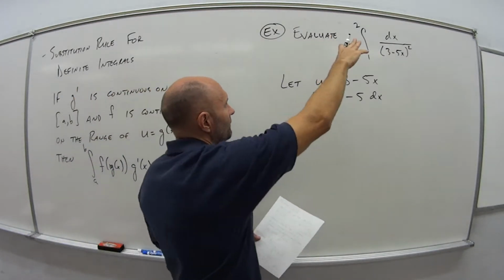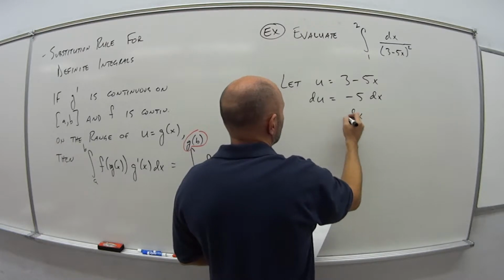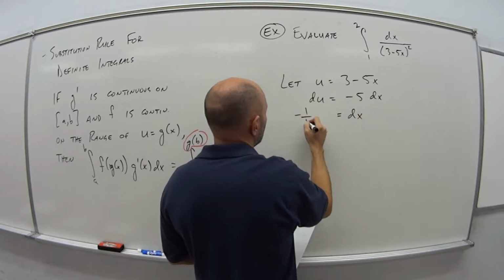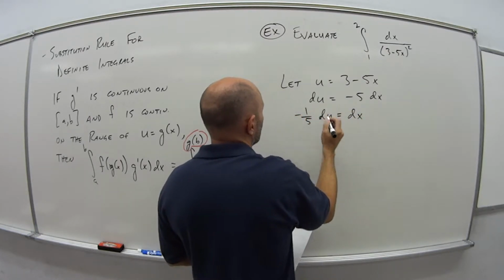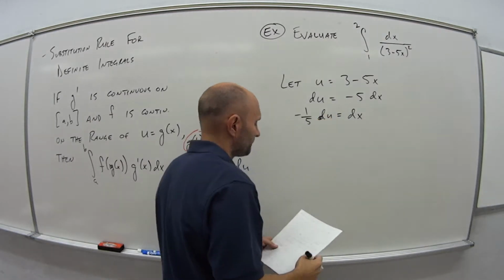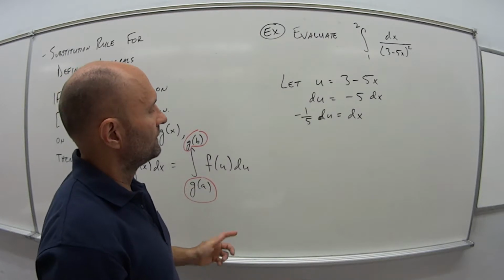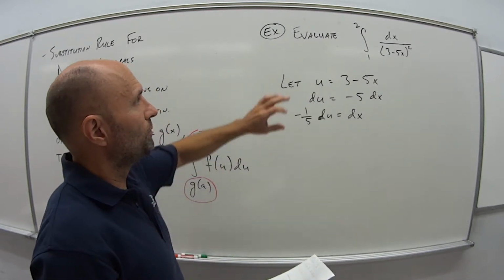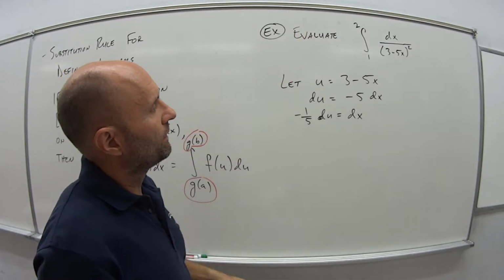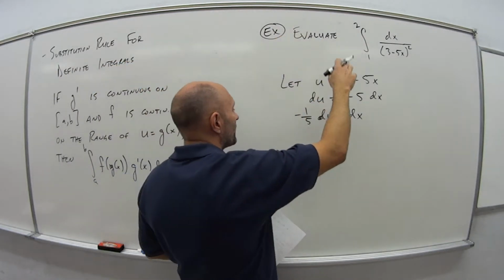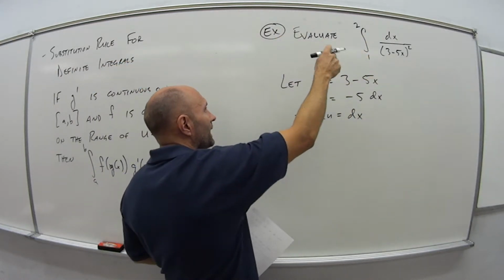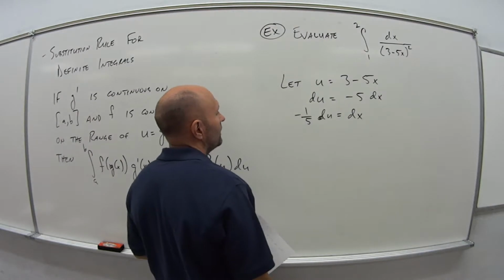So I only have a dx, so I have to get that by itself. So that means dx is minus 1/5 du. But that's only sort of half of what we have to do. Because we have our a and b now on the integral, when I rewrite the original problem, I have to change those limit points.